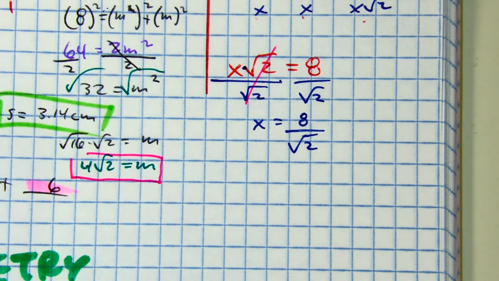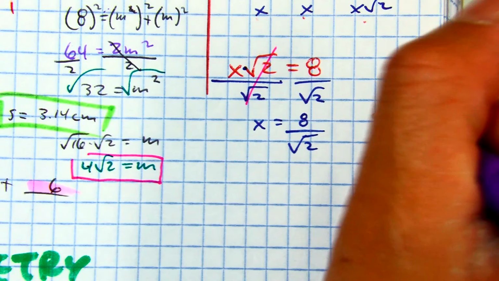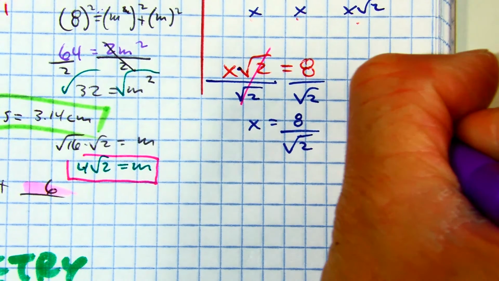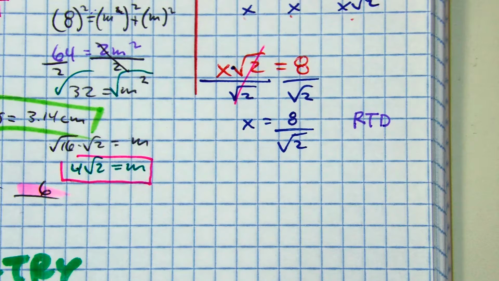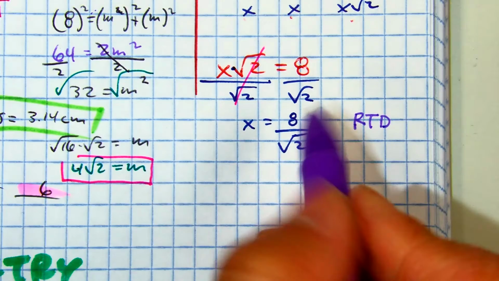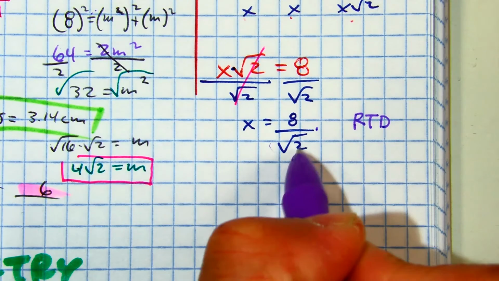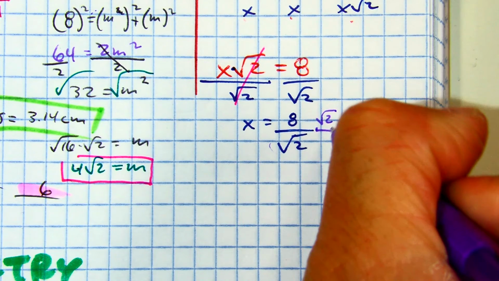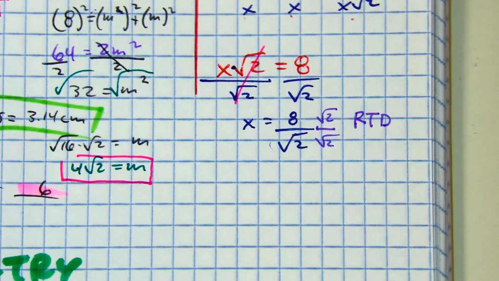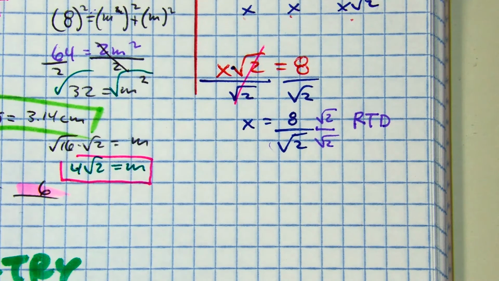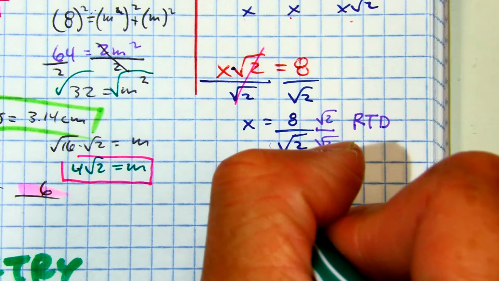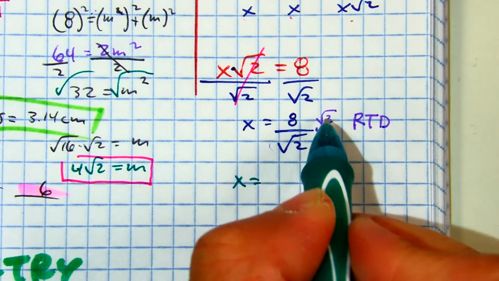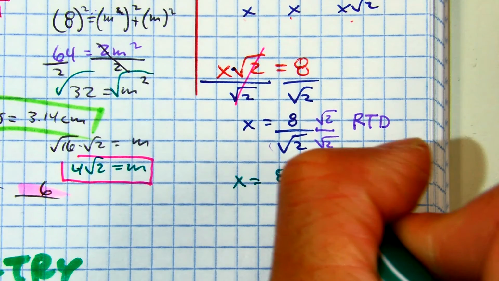We need to rationalize the denominator. What does that mean? You're going to take whatever's in the denominator and use that top and bottom. Let's see what happens when we do that. 8 times radical 2, 8 radical 2.